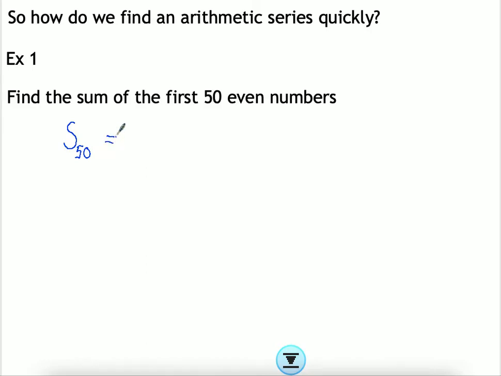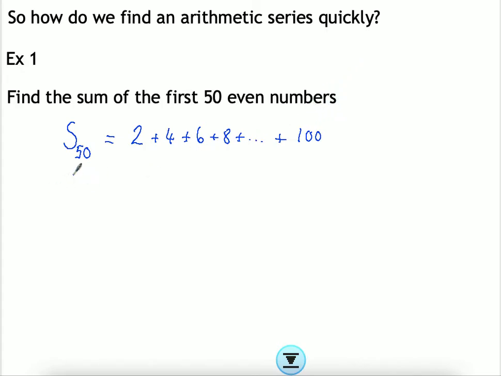So let's do this sensibly to begin with. That would be 2, add 4, add 6, add 8, and the last number, the 50th even number, is 100. It might not be particularly intuitive at this point, but just go with it.